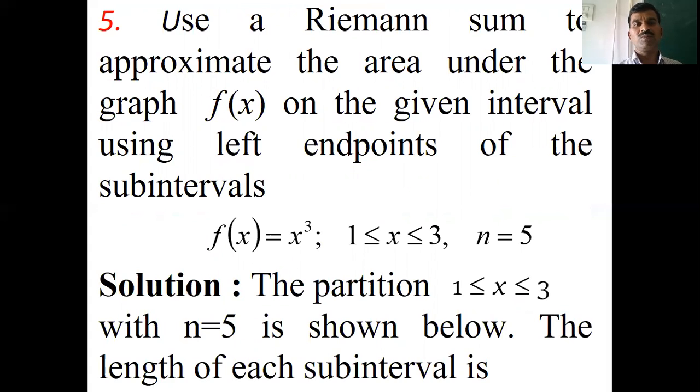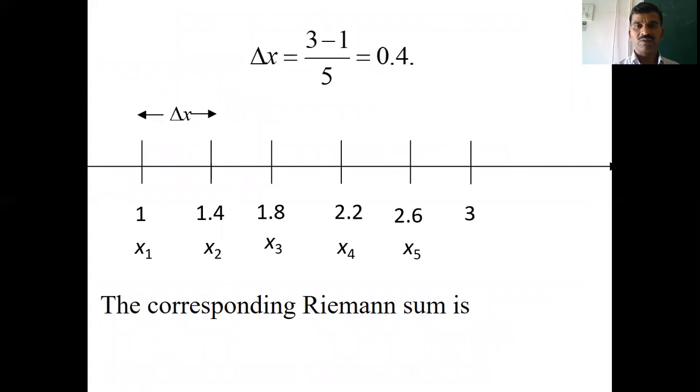Use the Riemann sum to approximate the area under the graph of f of x on the given interval [1, 3], with 5 divisions, and the function is x cubed. So we divide 1 to 3 into 5 subdivisions, with equal length, and make use of that equal length. We can also have the graph, that figure.